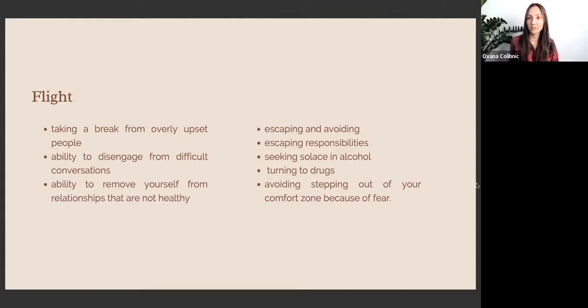And if the flight response is abnormal, or this person is constantly in a flight response, then they would be trying to escape and avoid. They would escape responsibilities, seek solace in alcohol, and sometimes turn to drugs.